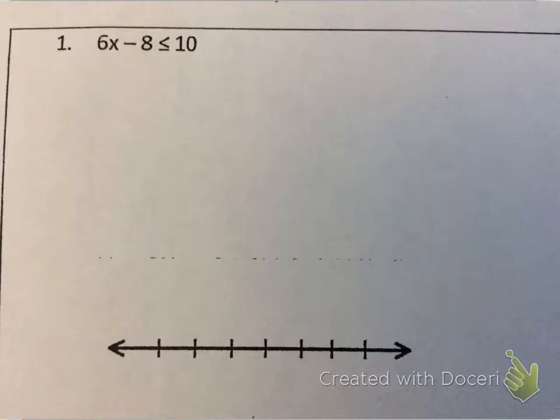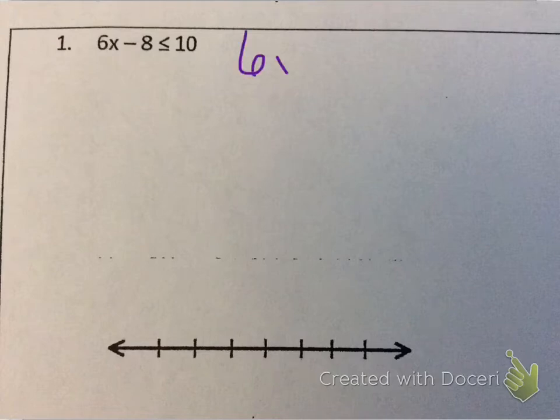We have 6x minus 8 is less than or equal to 10. So this is just like a two-step equation. For the first step, we're going to get rid of the minus 8, the subtract 8. So to do that, we are going to use the inverse of subtract 8.